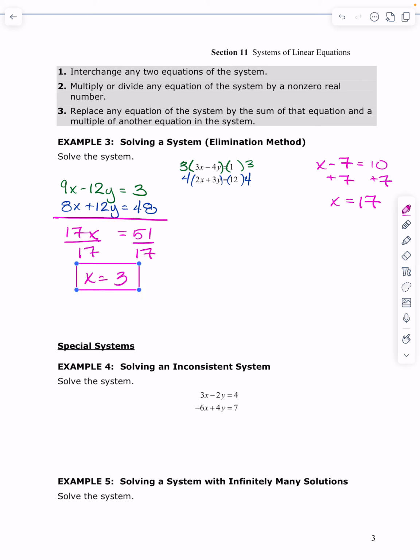I have an x value, but I had equations that had both x and y. So what I'm going to do right now is I'm going to plug the 3 back in for x, and I'm going to see if I can color code this.